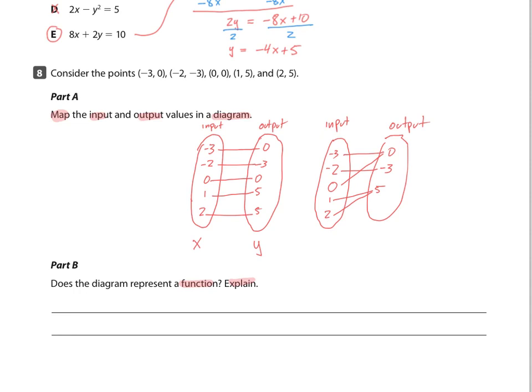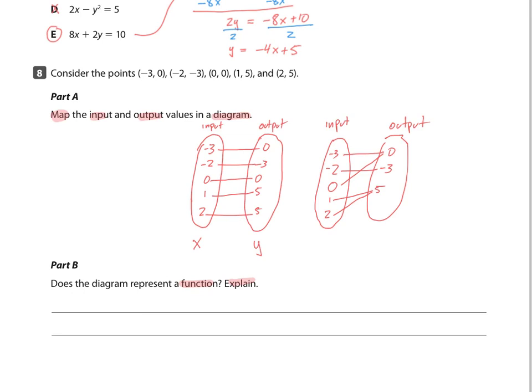To know if it represents a function, the only thing you need to do is see if your inputs repeat. So right here, we have -3 goes to 0, -2 goes to -3, 0 to 0, 1 to 5, 2 to 5. Your inputs only have one output. That means that it's a function.